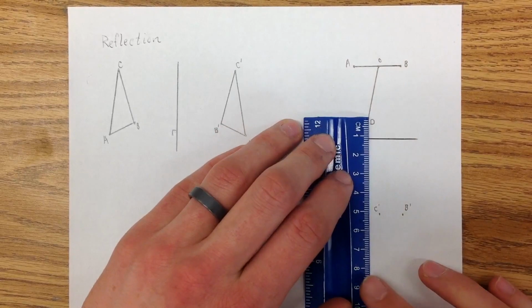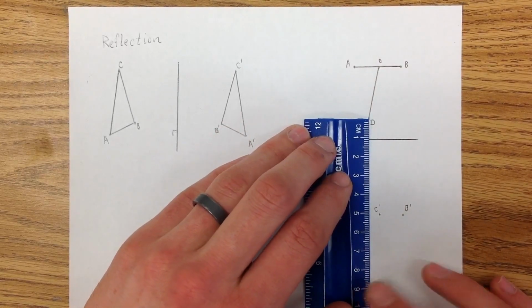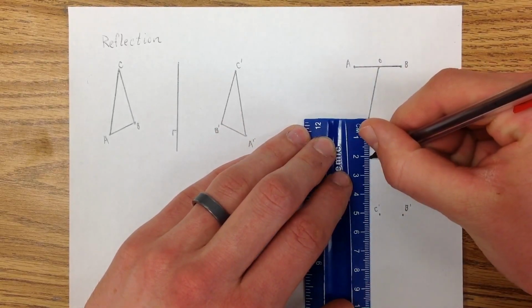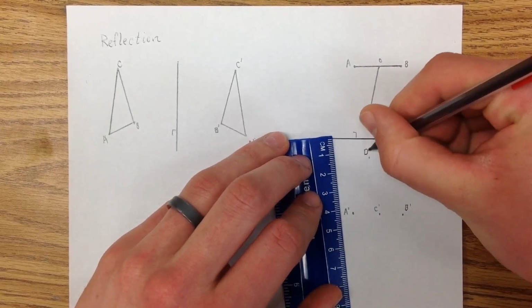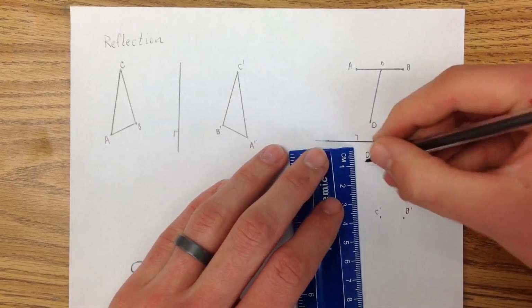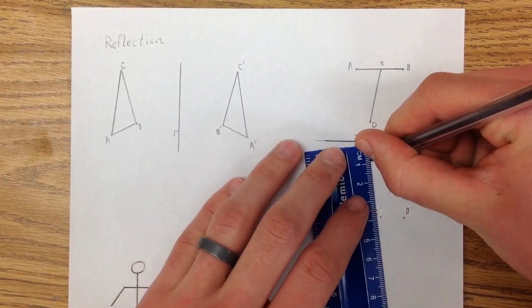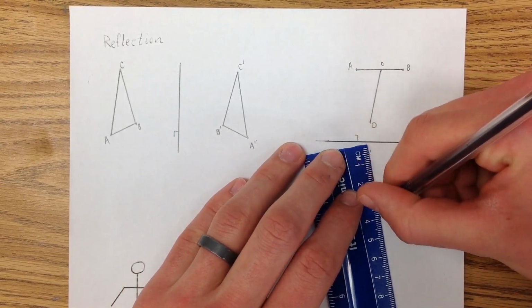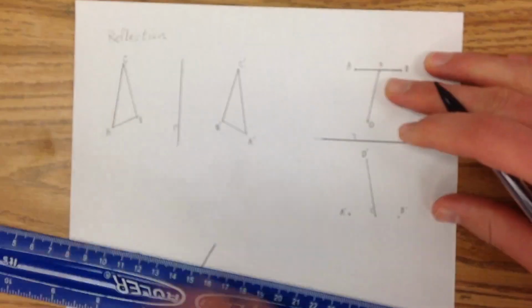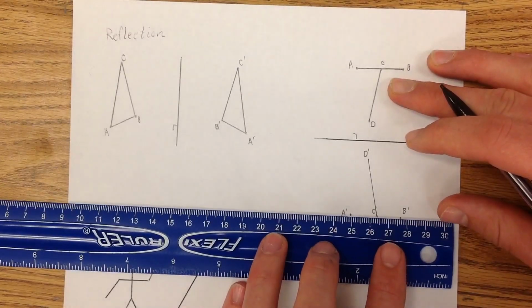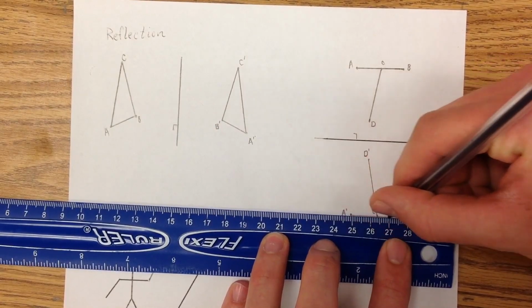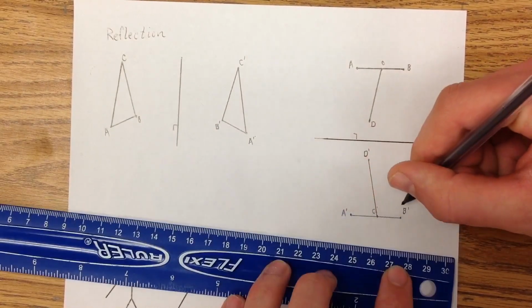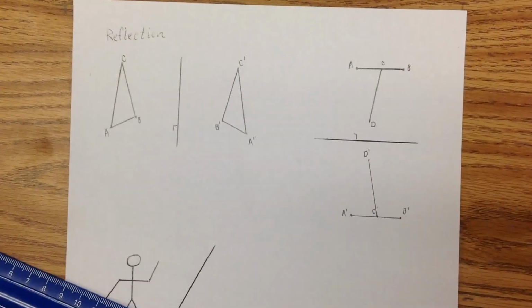Looks like a little over 1, so we're going to call this 1.1, 2.2. Call that D prime. And again, let's go ahead and connect these. And there we go. There's that reflected.